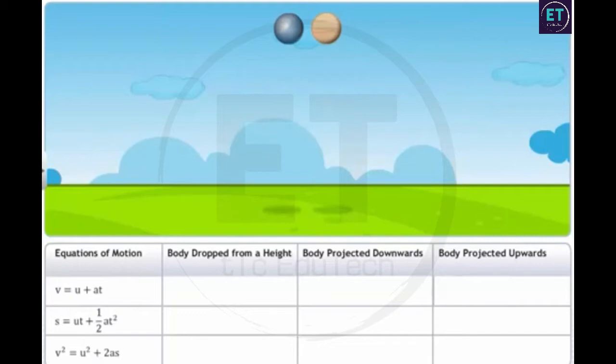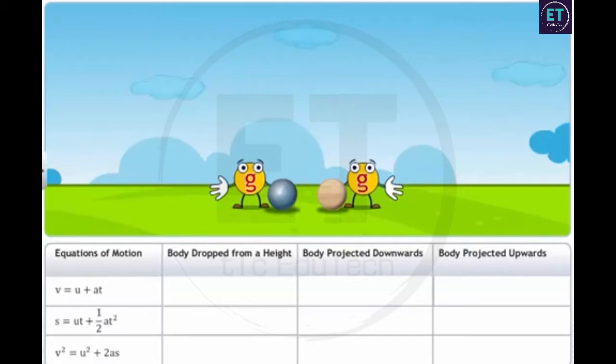These equations relate displacement, velocity, and the acceleration of a body. The acceleration of all freely falling bodies is due to gravity. Therefore, we can simplify these equations for freely falling bodies. Now let us observe how these equations of motion are modified for freely falling bodies in all three cases.